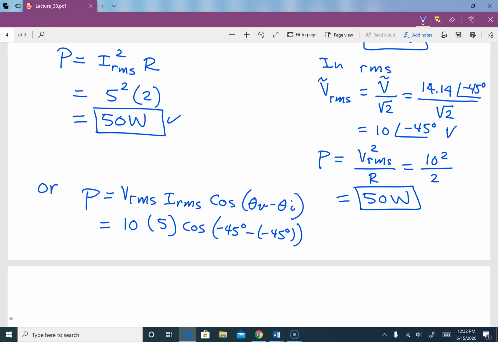Since it is a resistor, we have the voltage and the current in phase, which means that the angle of the voltage and the angle of the current are equal. That's why both of them are negative 45 degrees in this case, which means that this here is really 0. So now cosine 0 is 1, and 10 times 5 is 50. So that is 50 watts. So any way over here that you can use, that is not a problem. You will reach the same answer.